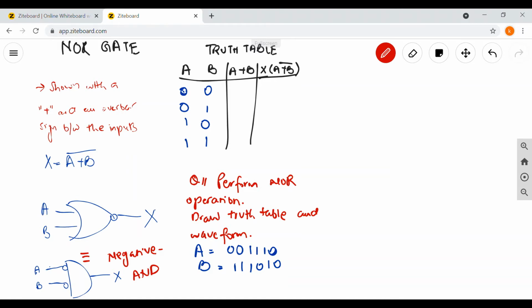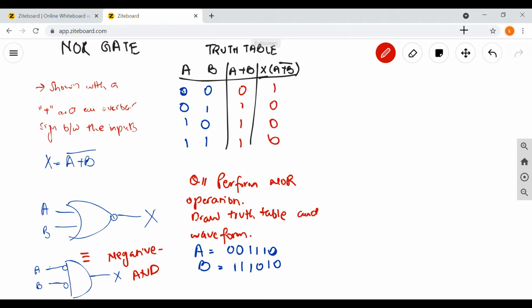Right, so let's make the truth table first. If we're just gonna apply the simple OR gate, which is 0 plus 0 is 0, 0 plus 1 is 1, 1 plus 0 is 1, 1 plus 1 is 1. Now we're just gonna invert the output we got from the OR gate, which is 1 0 0 0.